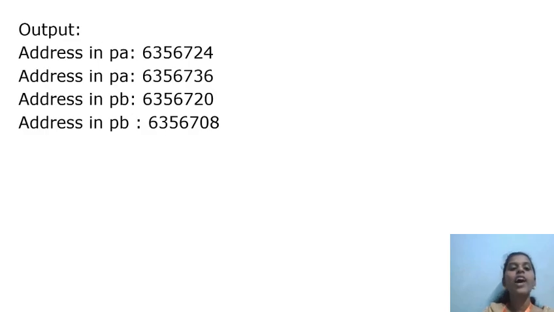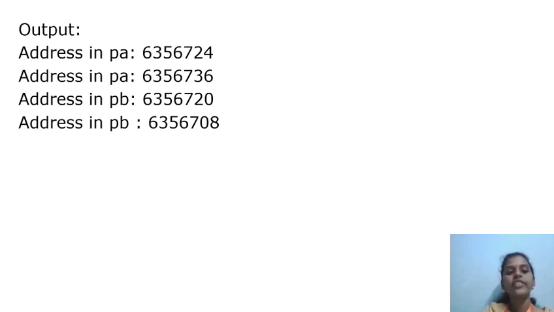Then the output will be like this. The address in pa before adding is 6356724. The address after adding in pa is 6356736.